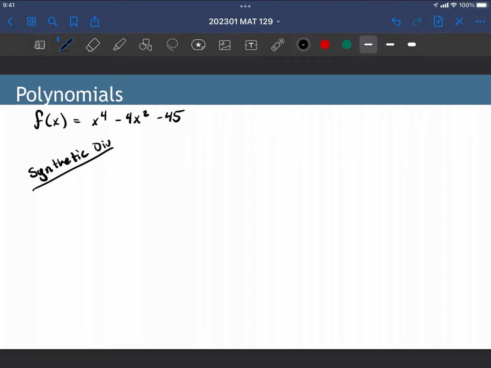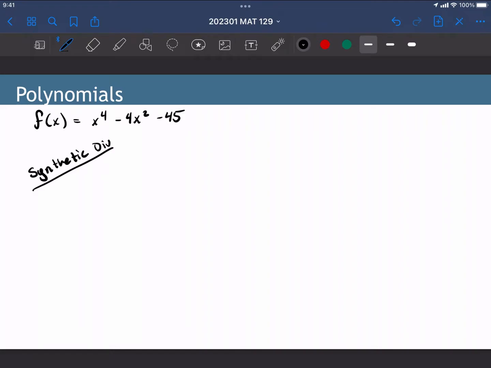First of all, you have to be very careful when you do synthetic division. This is true of long division too, but you don't have as many troubles there. You need to account for every power of x.